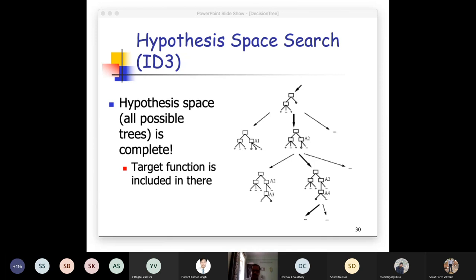So the very naive way of doing this is that you consider all possible topologies of decision trees. There is a finite set. You have a finite number of conditions, and you can show that there is a finite number of trees.